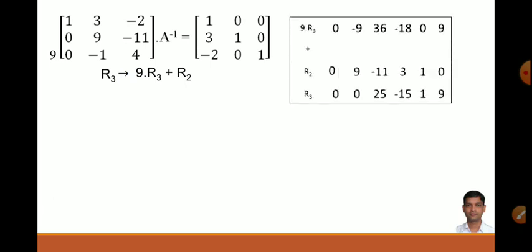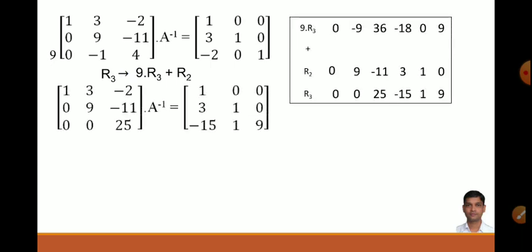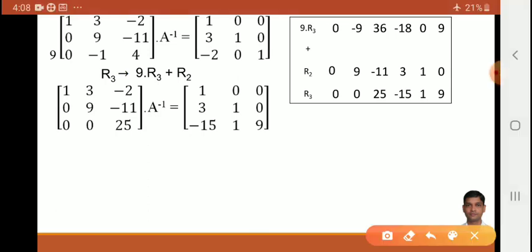Do the calculations: 9 into R3 first plus R2. 9 into R3 means multiply this 9 to all the elements of the third row, plus R2 as it is, add all the respective elements. Then your new R3 is 0 0 25 -15 1 9. See, 0 0 25, we have replaced that in the original equation.